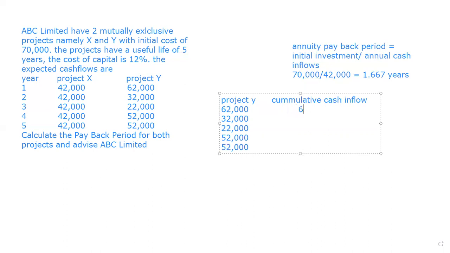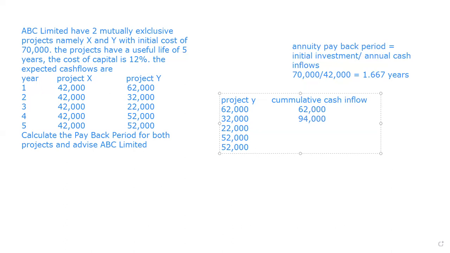That is the cumulative cash flow. Then for the next cumulative cash flow you add to the next, like year two was 32,000. So you add 62,000 plus 32,000. That will give you 94,000. You can do the rest.